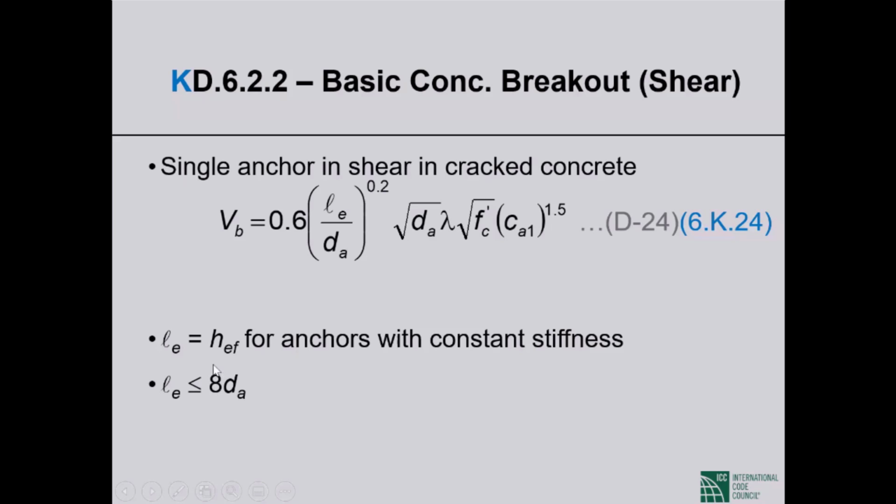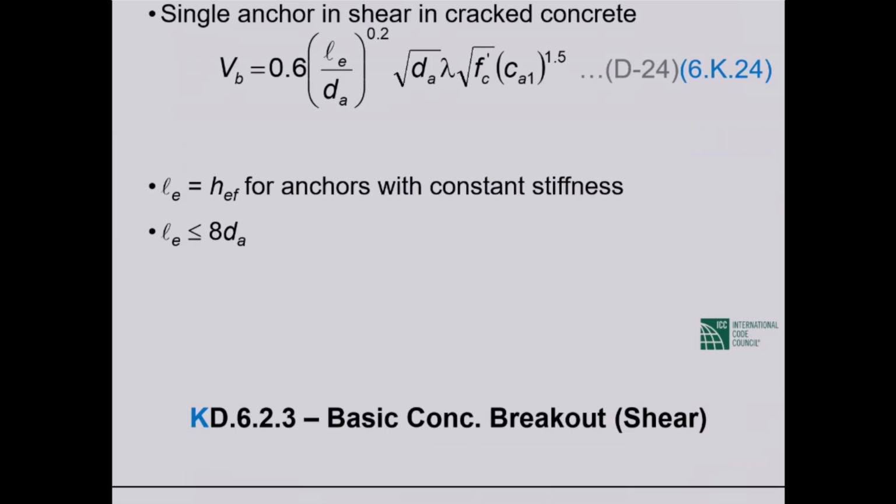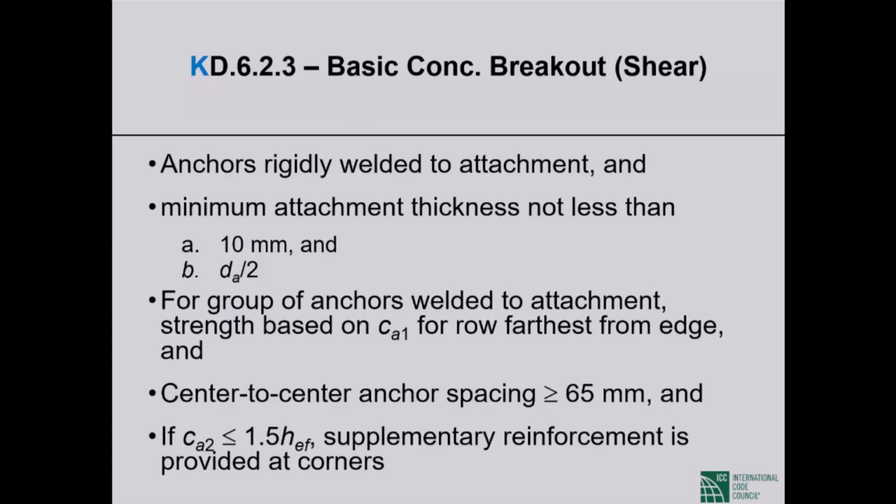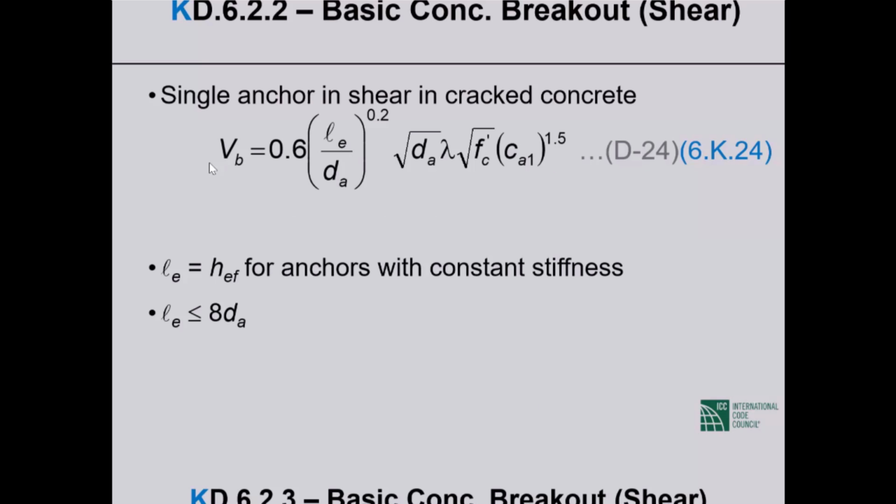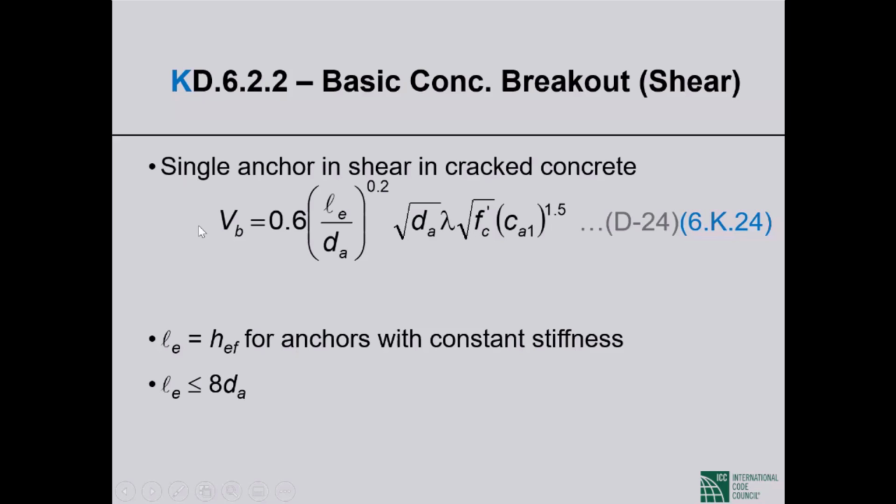So this L sub E is equal to the effective depth, but no larger than 8 times the anchor diameter. Now this is the basic equation: 0.6, the L sub A over D sub A raised to the power 0.2, etc., etc.